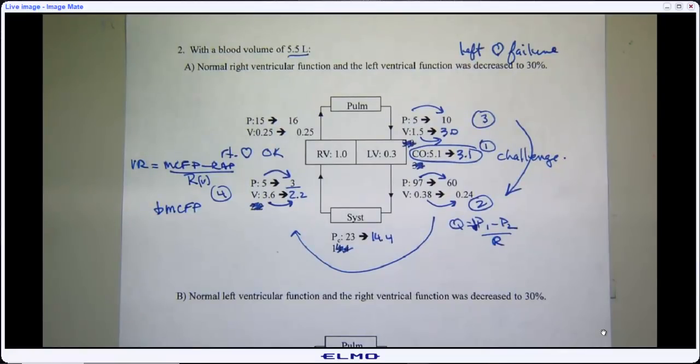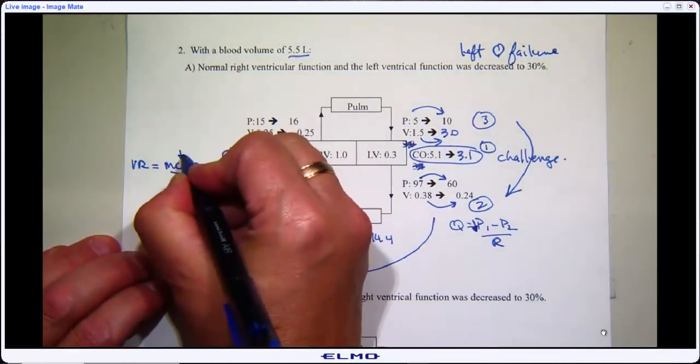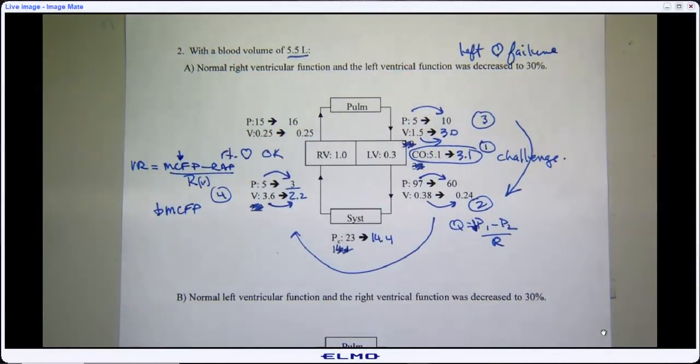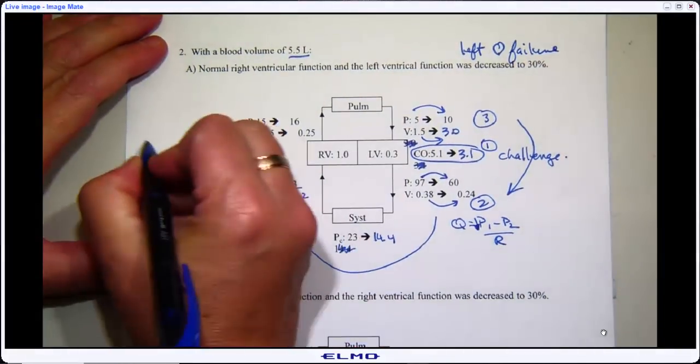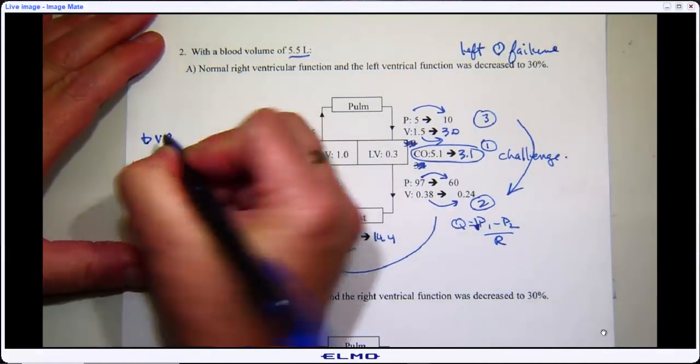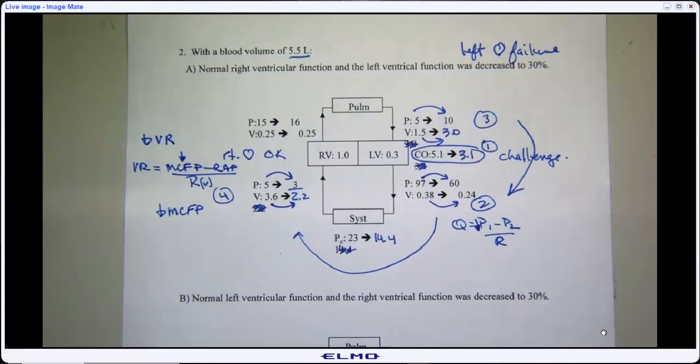We have just decreased mean circulatory filling pressure, so we have just dropped venous return. Venous return is preload. Venous return is end diastolic volume. We drop end diastolic volume, we drop stroke volume, we drop cardiac output.